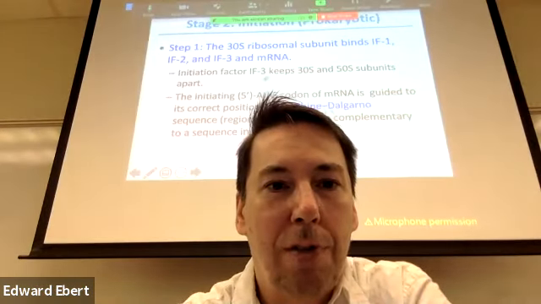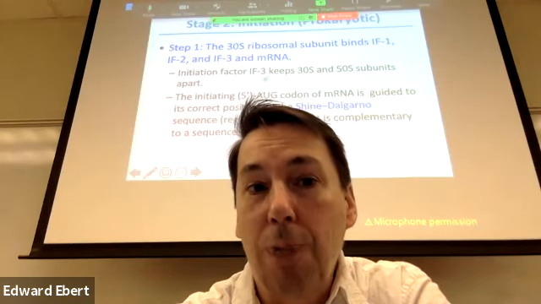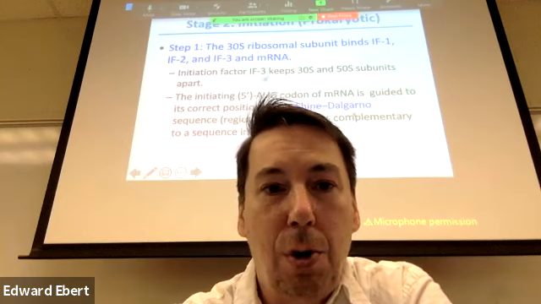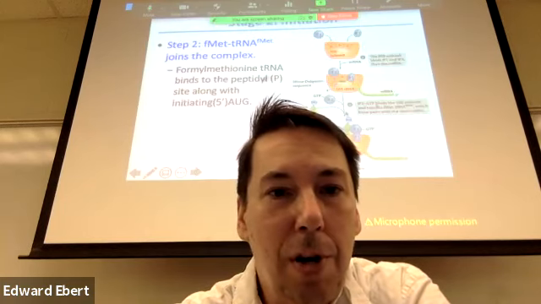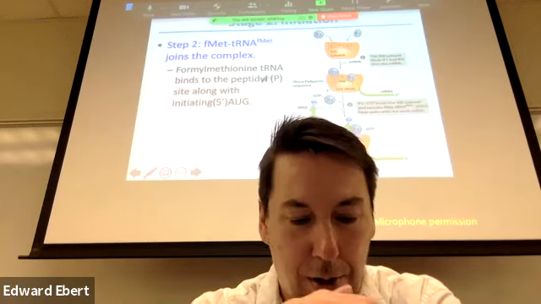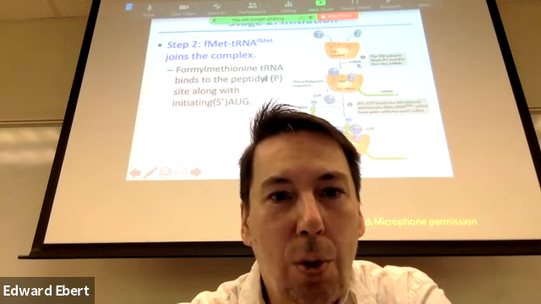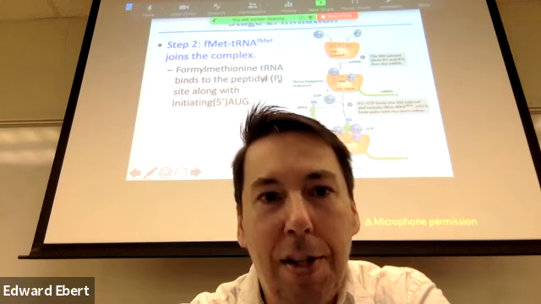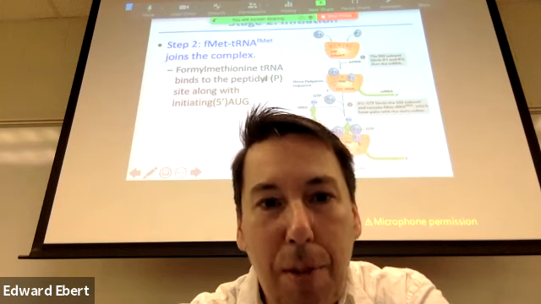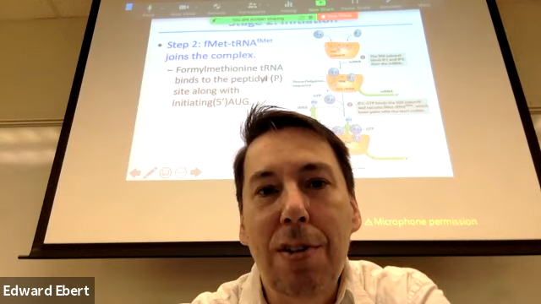We'll have this initial codon as well, which gets guided to its correct position through the Shine-Dalgarno sequence in the mRNA. That's complementary to the rRNA. It kind of says, park here. This is the space where we want to be. Once that happens, our formyl methionine tRNA will bind to its peptide site. So we actually have 3 sites inside the 30S unit.